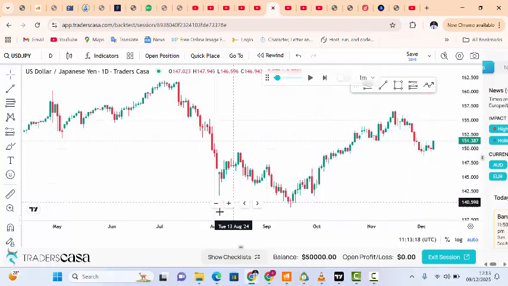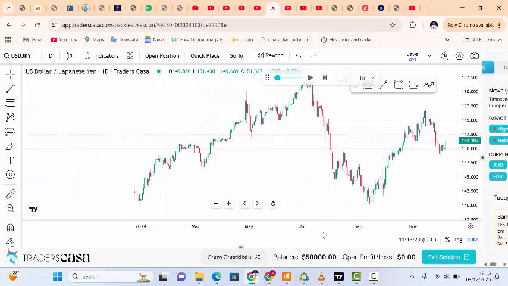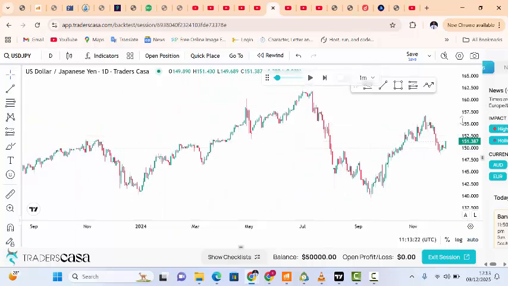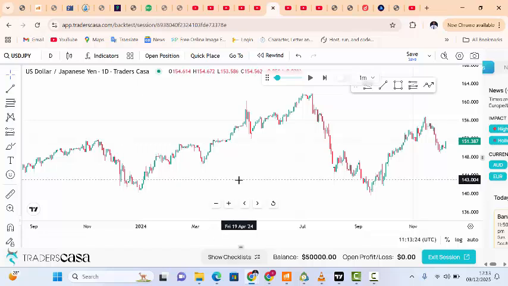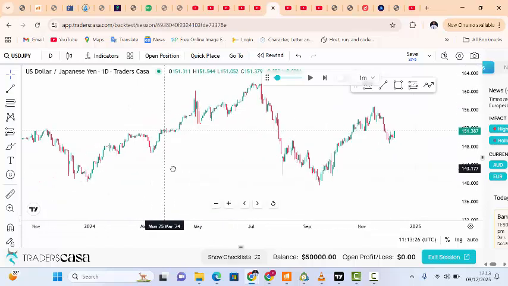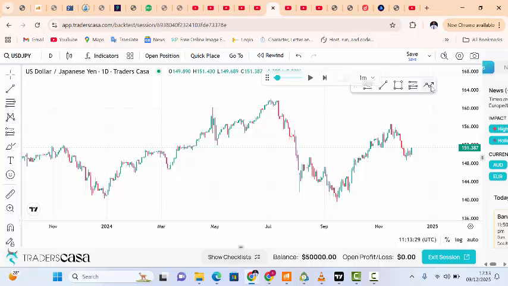So now, for me to know what's going on in daily, I have to do this so we can see on Usdjpy daily, let's find out. So of course we had an uptrend here, right?